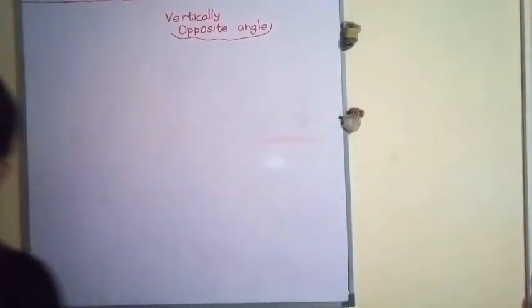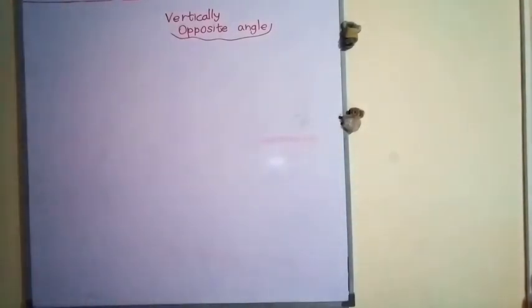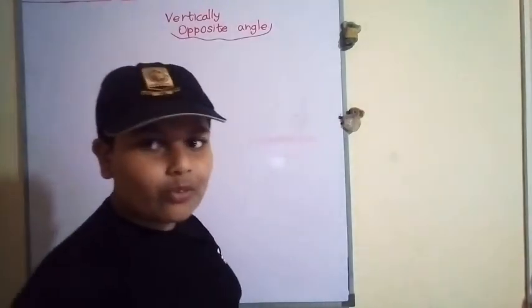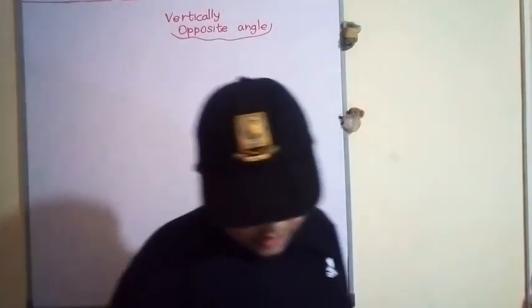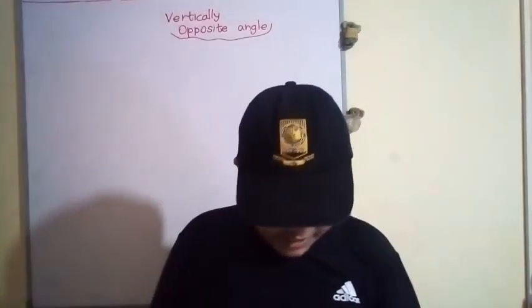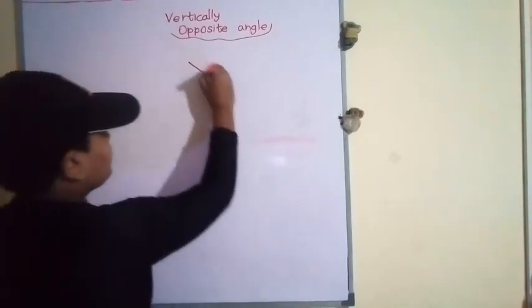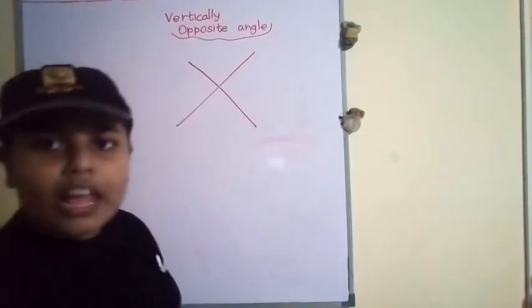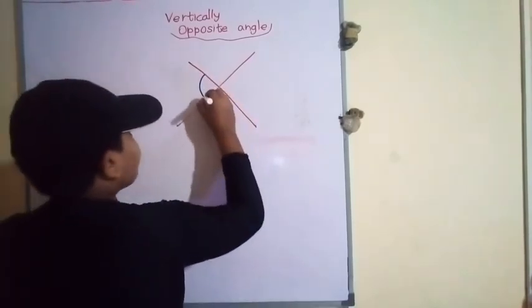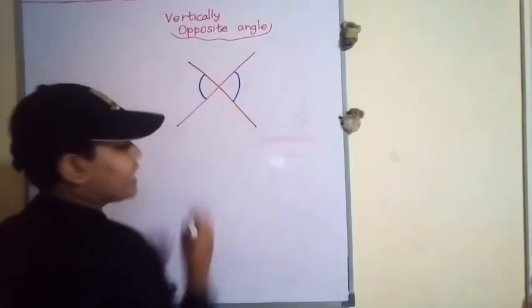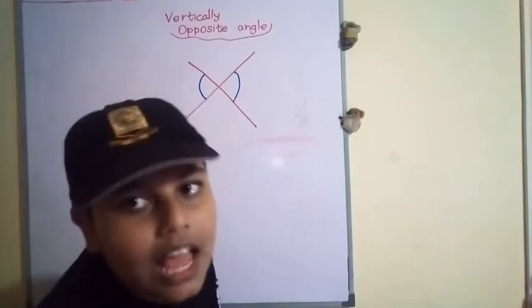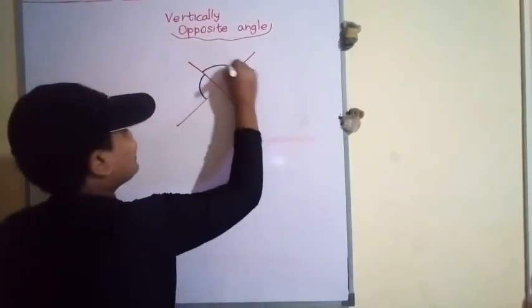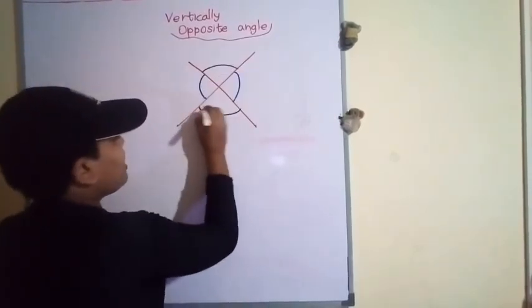Now vertically opposite angles. Now grade 8, let's see the lesson. Vertically opposite angles mean we get the angles like this. Now you have one pair of vertically opposite angles and a second pair also.